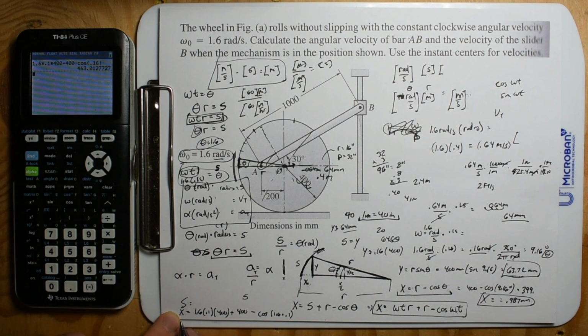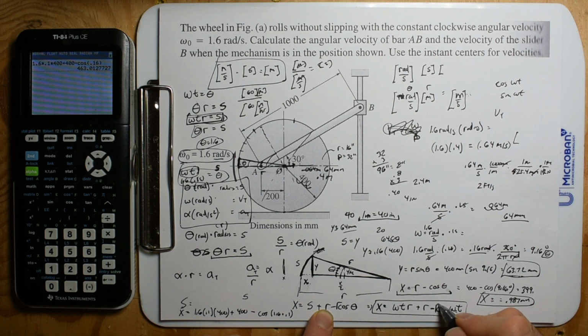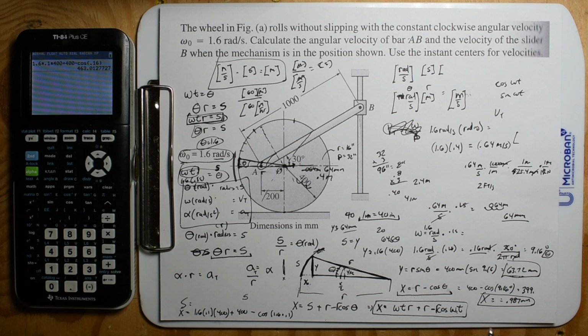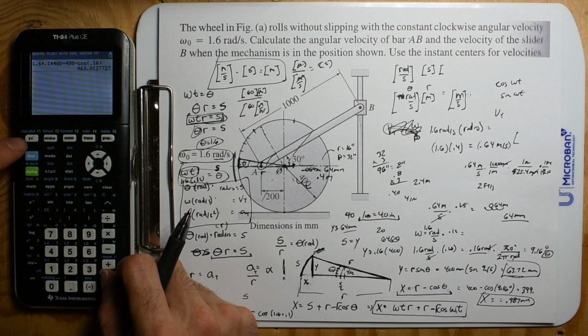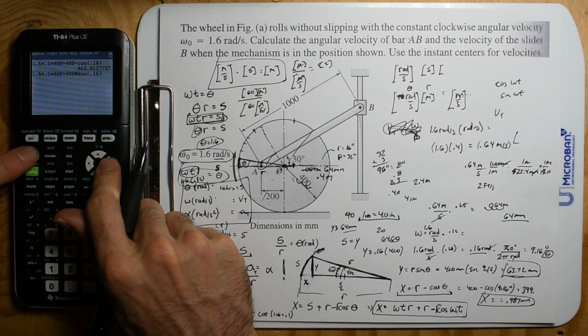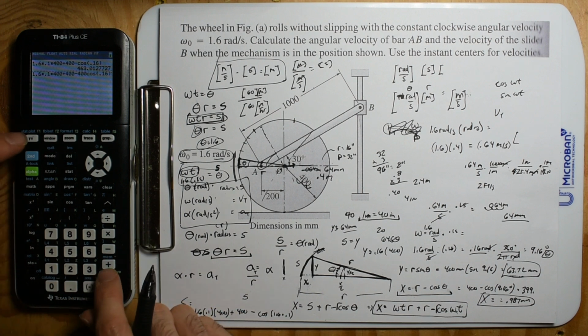So x. Oh, this seems way wrong. Bummer. What did we do? Whoa. This isn't just cosine. This is r cosine. Yeah, no duh. So you can totally just factor out the r. But anyway, my bad. And so we have 400.